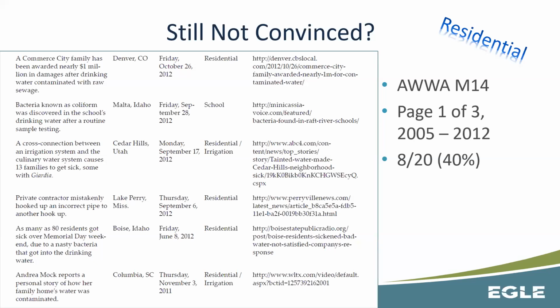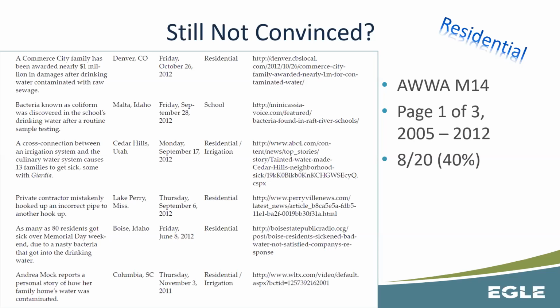In Idaho, there was a breakout of coliform that was discovered at a school. And again, going through some of these, we have another faulty irrigation system that led to 13 families getting ill from Giardia. We have a private contractor who hooked up plumbing incorrectly to an unsafe source.